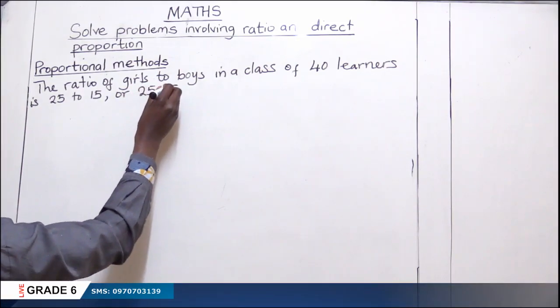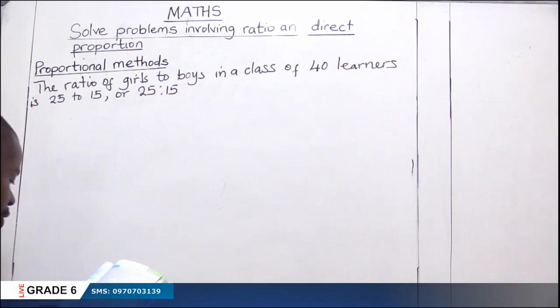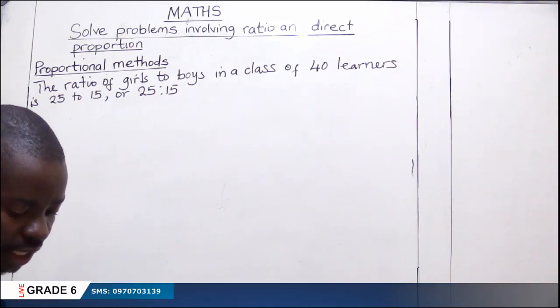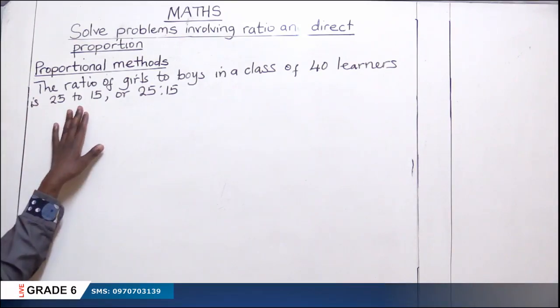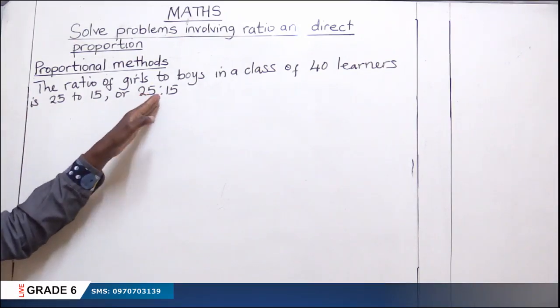This is just an example on the board. The ratio of girls to boys in a class of 40 learners is 25 to 15.